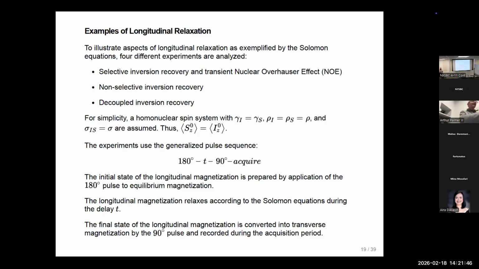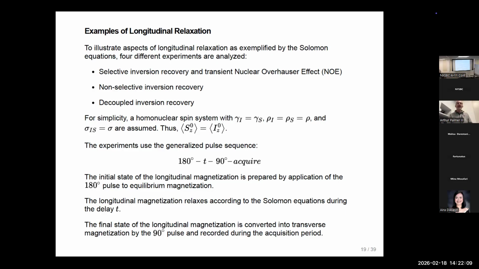So there, spin flips between the two are moving this one towards Boltzmann equilibrium and perturbing this one away from Boltzmann equilibrium. On the other hand, in a non-selective inversion recovery experiment, I can invert both at the same time. And now they have to get back to Boltzmann equilibrium kind of simultaneously.